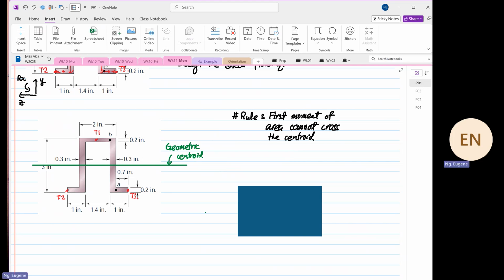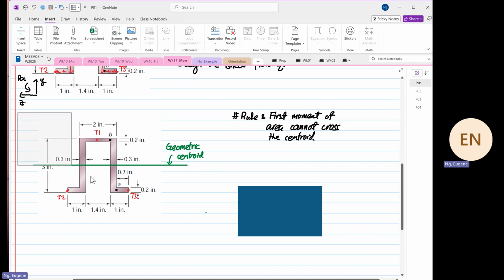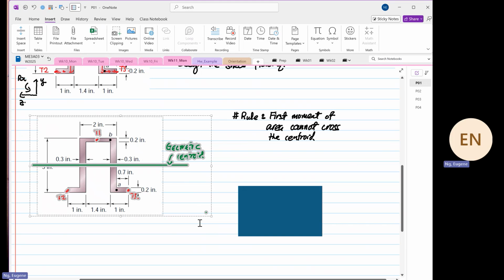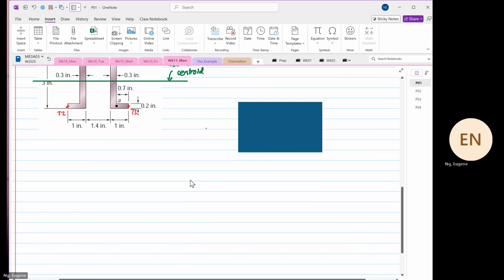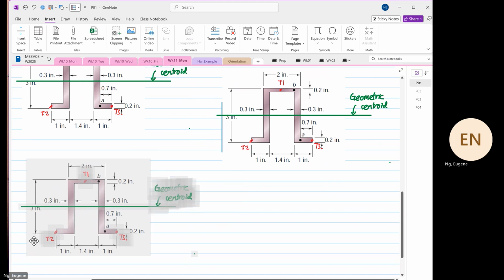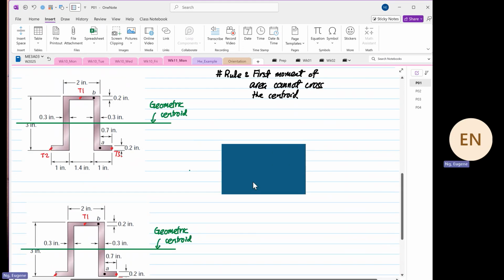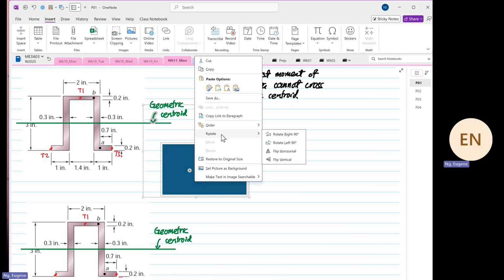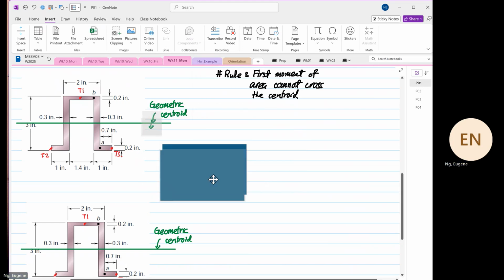So when you have a rule like this, I'm going to take this image again. I'm going to paste twice. So with that rule, the first moment of area cannot cross the centroid, right?